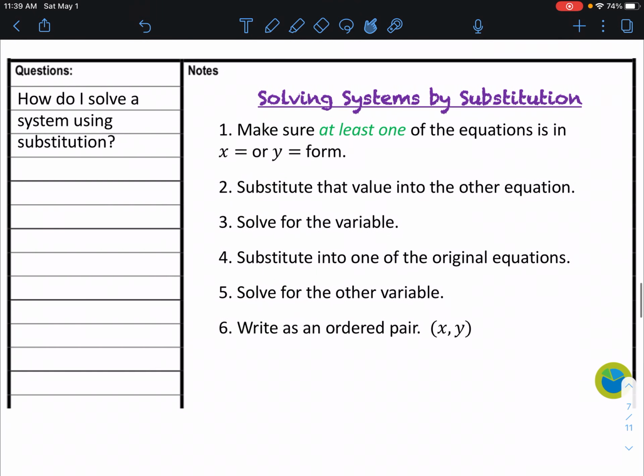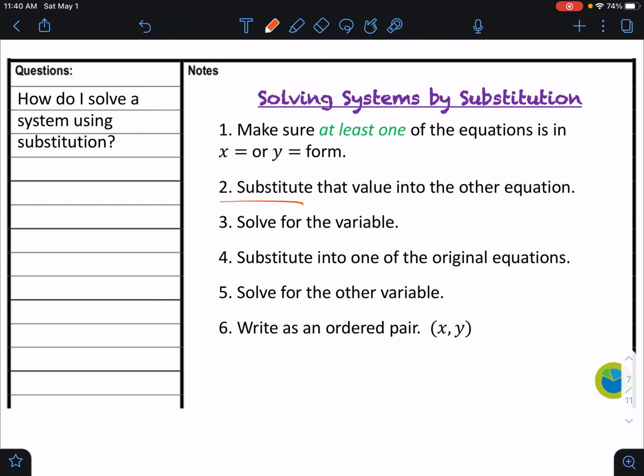Now, here are the steps. These will also be on your assignment. Ultimately, you need at least one of the equations to be in x equals or y equals form. Then whatever that is equal to, you're going to substitute into the other equation. You'll solve for your variable, either x or y.